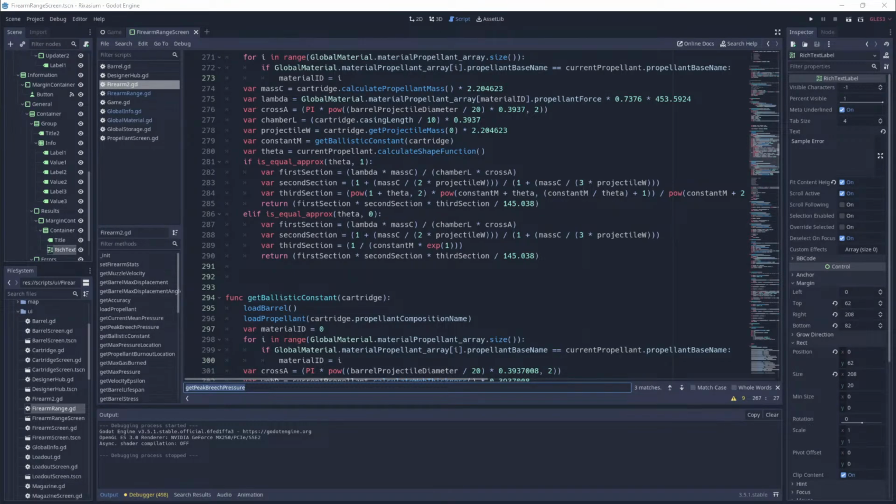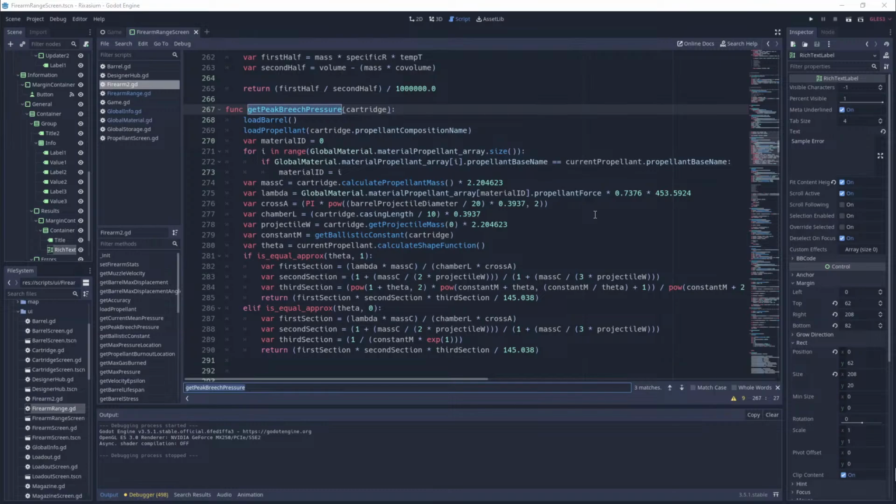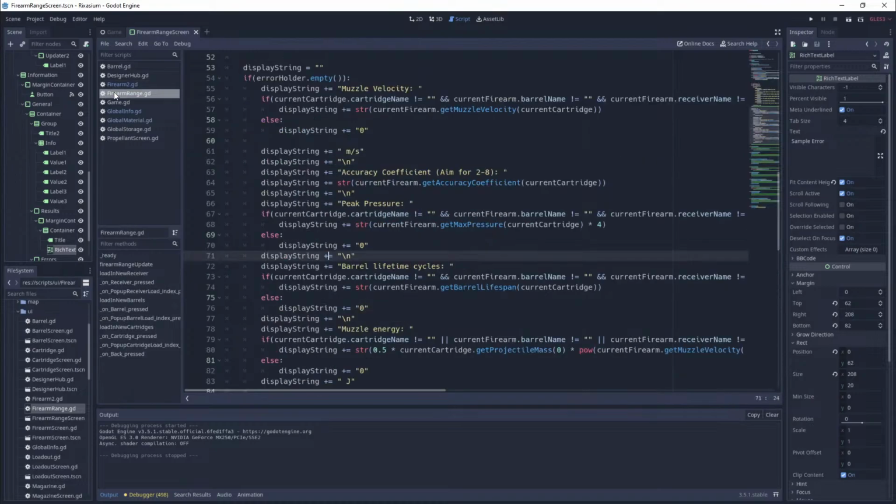So that's a bit concerning. I'm gonna have to see this in action though. Peak breach pressure.